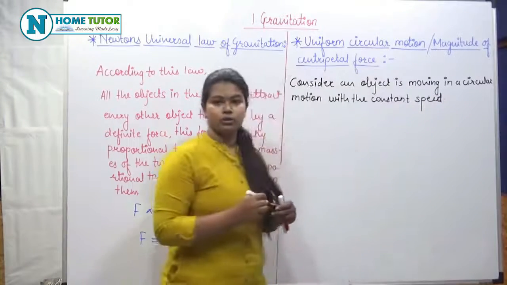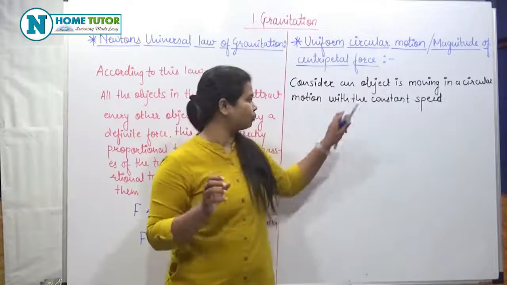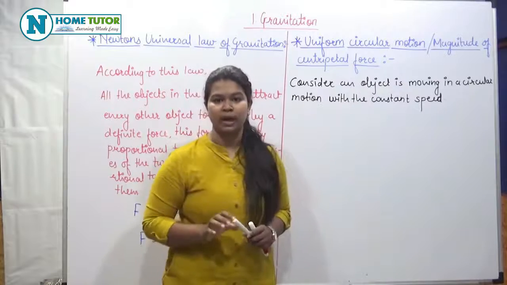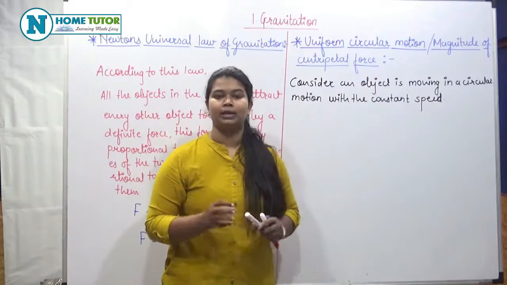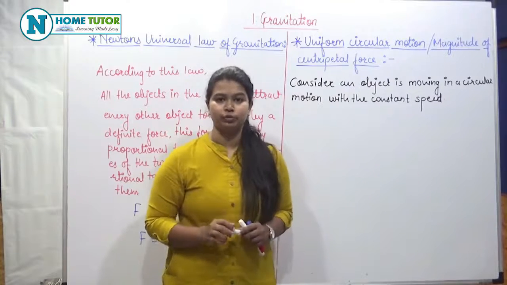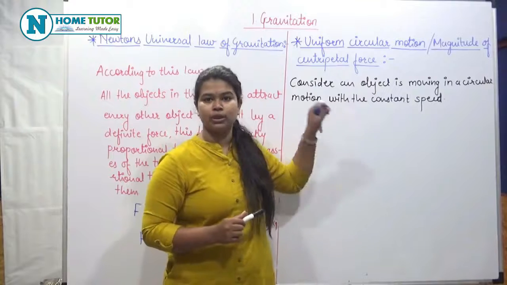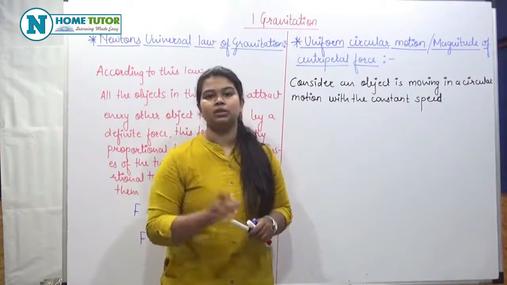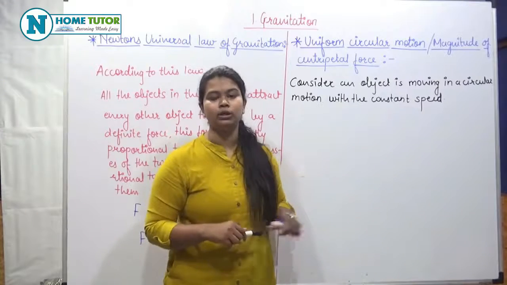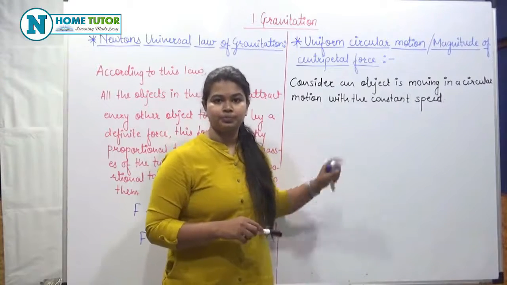Now we know that for such a motion, ऑब्जेक्ट पे एक कंटिन्यूअस फोर्स अप्लाई होना चाहिए which is directed towards the center of the circle, and this is called centripetal force. So अगर ये movement होनी चाहिए, that object is moving in a circular motion with a constant speed, then the centripetal force should be acted upon on that object.